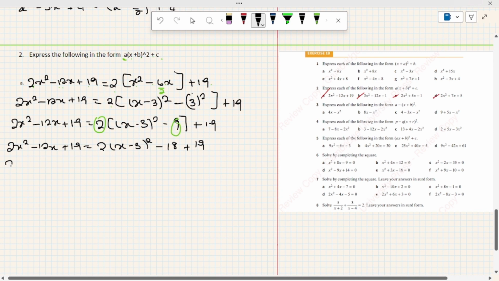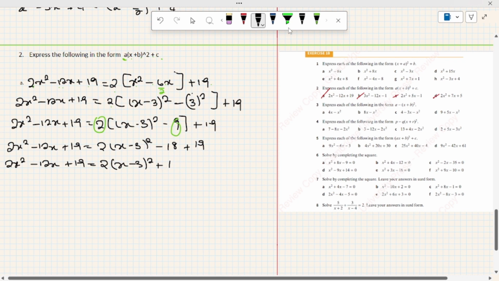Then 2x squared minus 12x plus 19 is equal to 2(x minus 3) squared minus 18 plus 19. Minus 18 plus 19 is going to be plus 1.